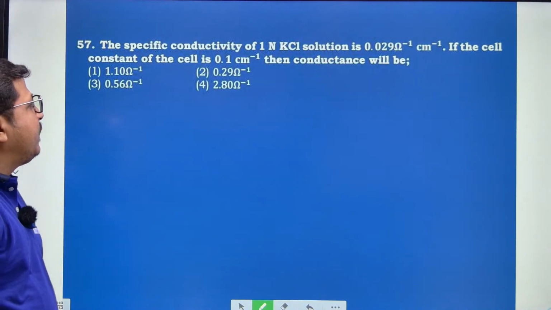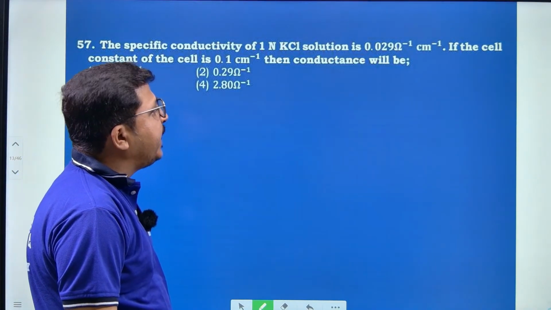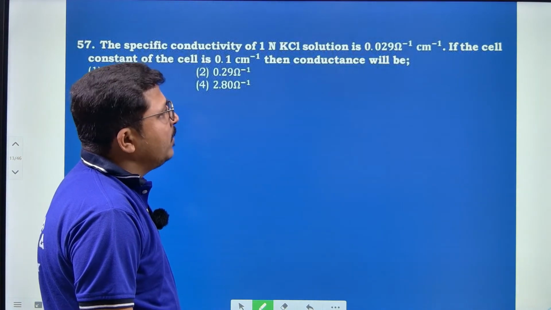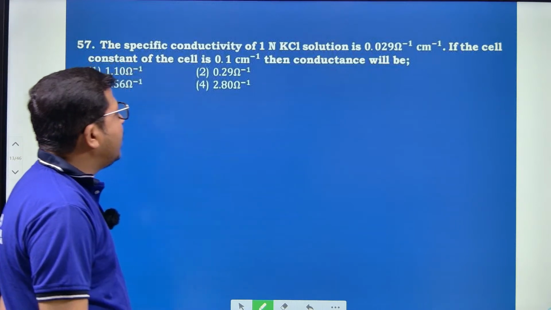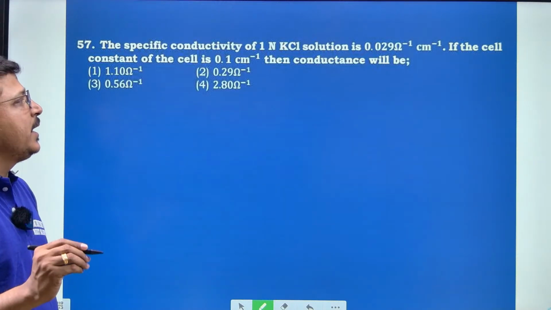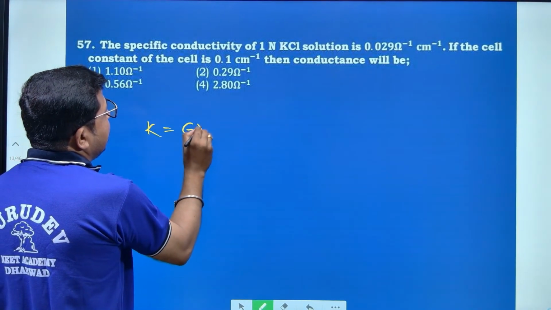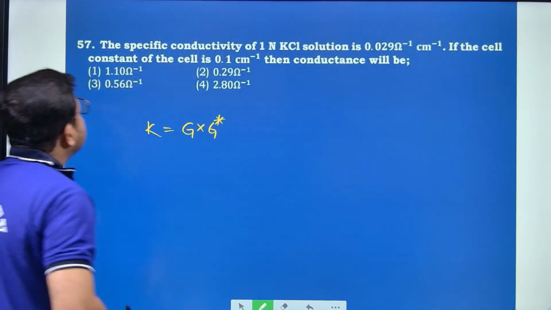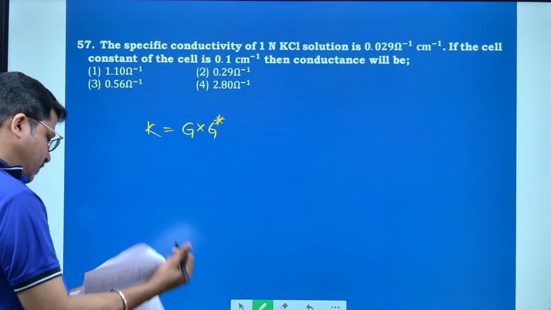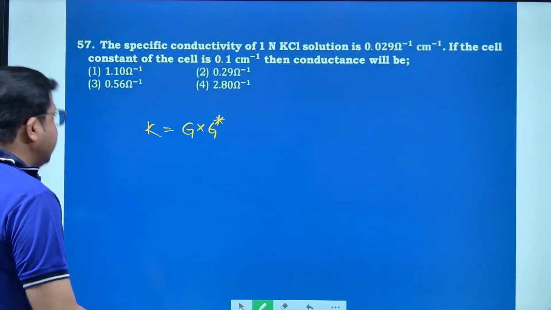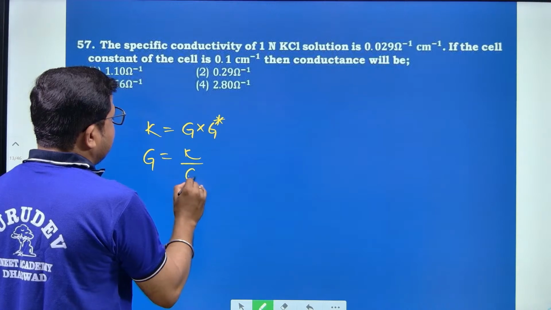The specific conductivity of one normal KCl solution is 0.029 per ohm per centimeter. If the cell constant of the cell is 0.1 per centimeter, then the conductance will be, right, K is equal to G into G star, and here G is equal to K divided by G star.